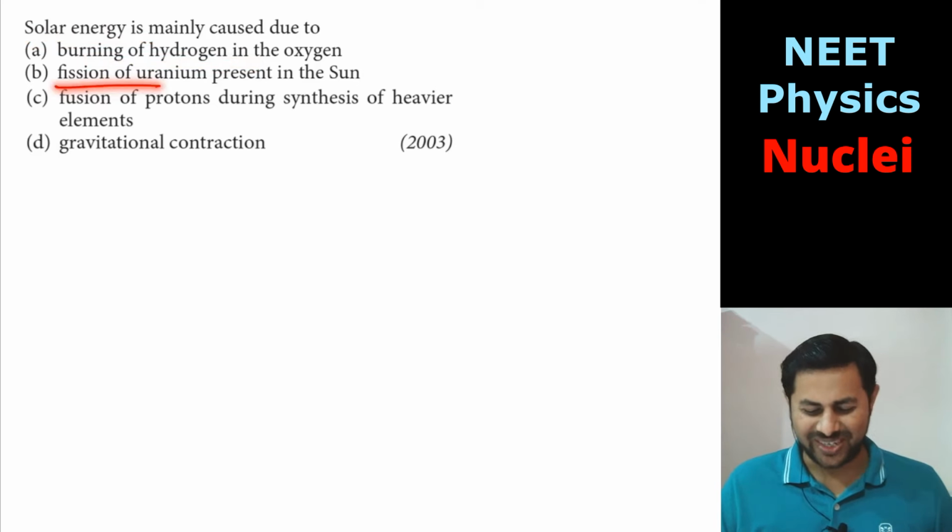Solar energy is produced because of what? Fusion of protons during the synthesis of heavier elements. So protons combine to produce heavier elements, right? That's the reason of solar energy. Let's see next one.